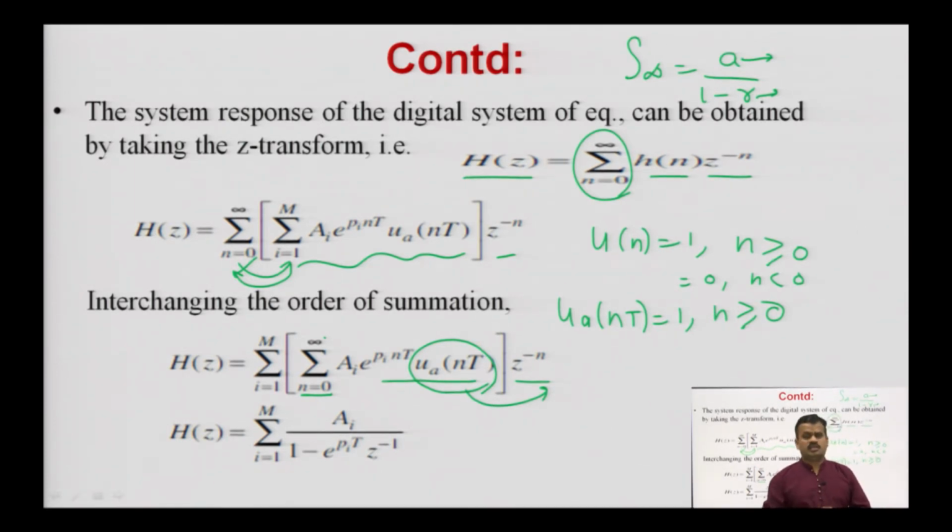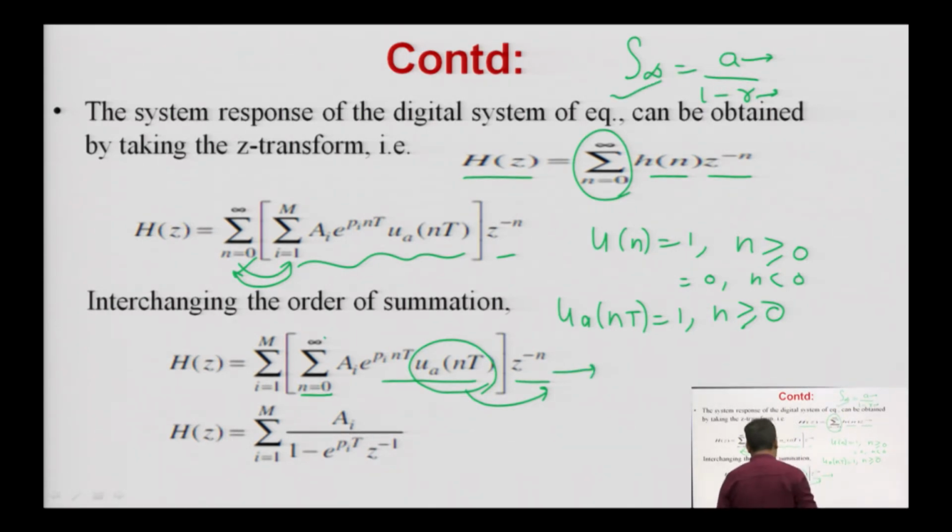Common ratio means second term upon first term is equal to third term upon second term is equal to fourth term upon third term is equal to fifth term upon fourth term. So, the ratio of these terms is common to each other, that is why it is a GP. So, if you open this series, then you will find the GP.